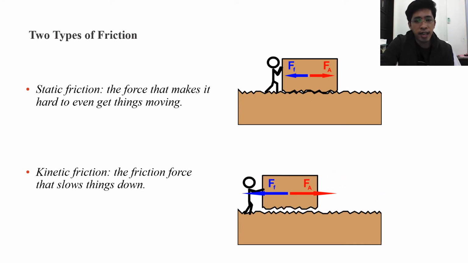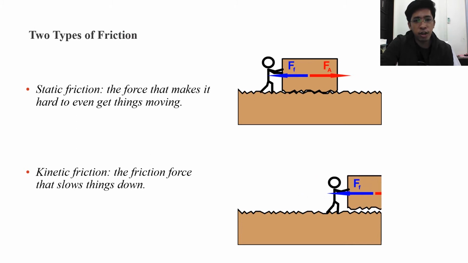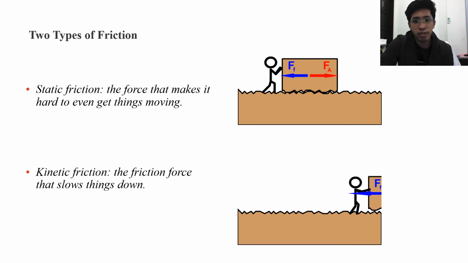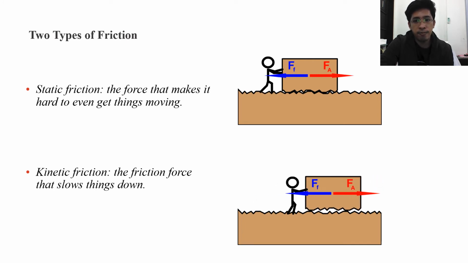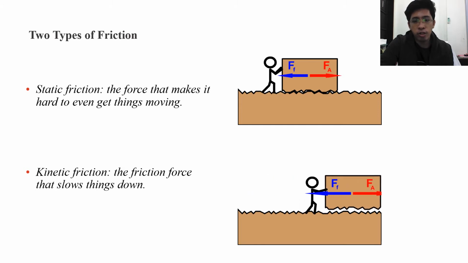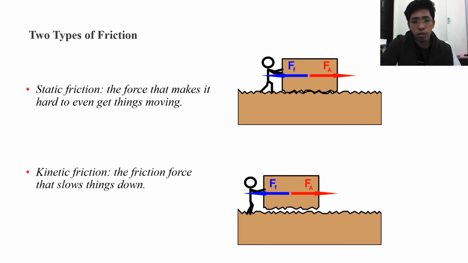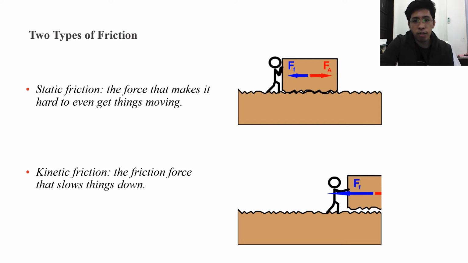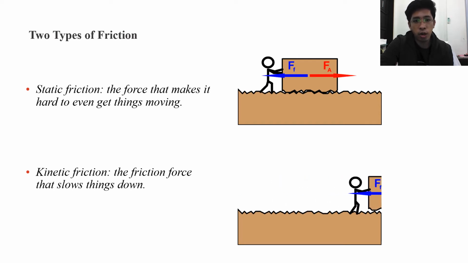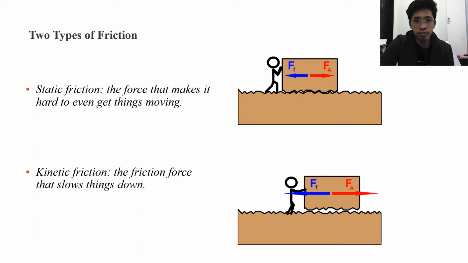The second type is kinetic friction. This is the friction force that slows things down. Going back to the first figure, once the box has started to move and you're still pushing, the resistive force now is kinetic friction.